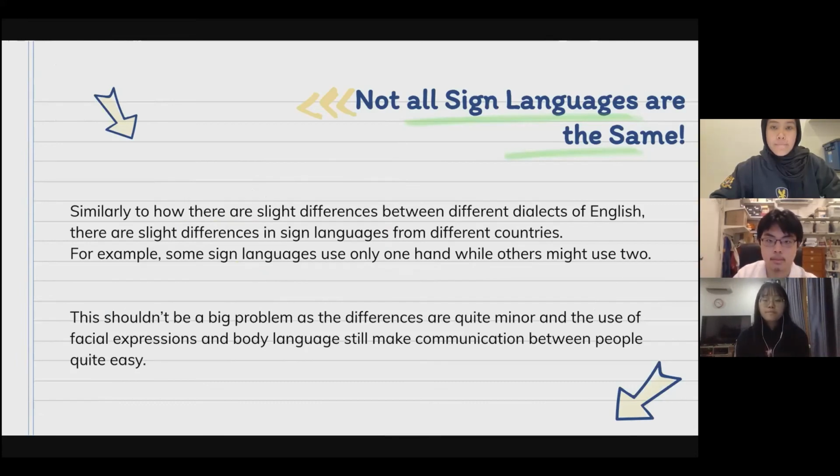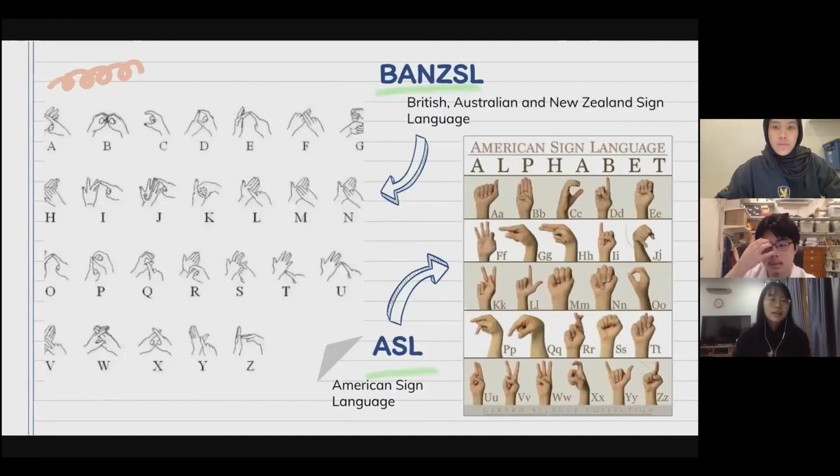So American Sign Language may be different from the sign language used by people who speak Chinese, for example. And it even differs in dialects of English, like I said just now. American Sign Language is different from the sign language used by the British, the Australians, and the New Zealanders.